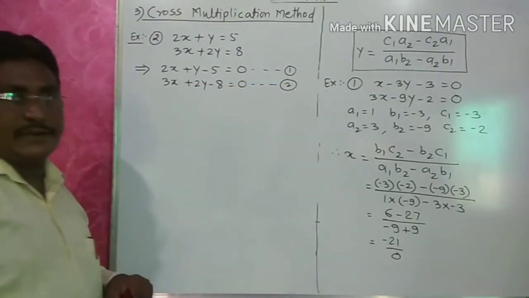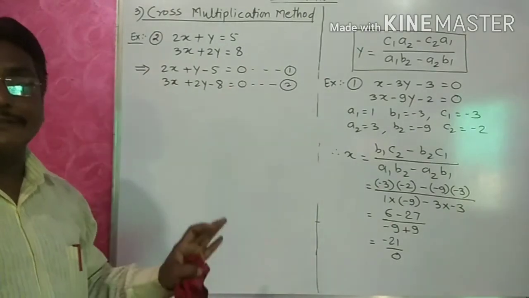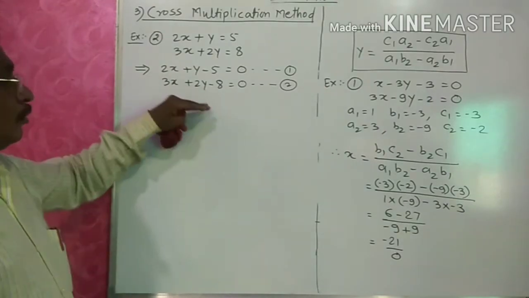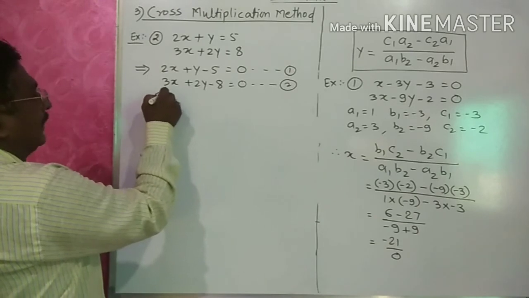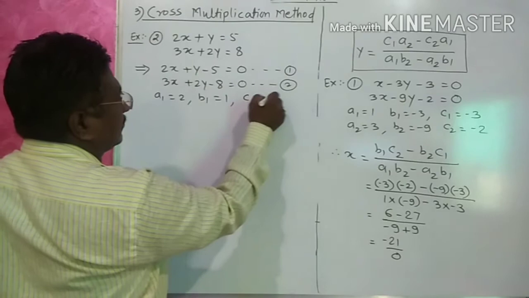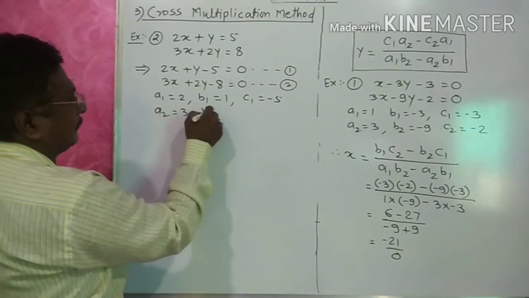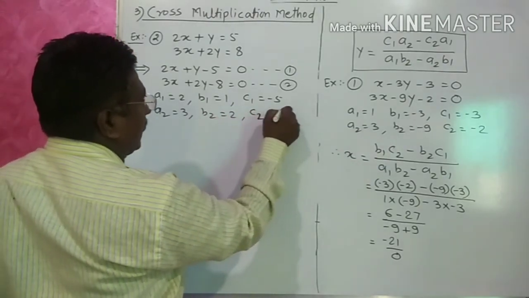So we wrote it in the standard form. Now first decide whether the lines are intersecting, parallel or coincident. So A1 is 2, B1 is 1, C1 is minus 5. A2 is 3, B2 is 2, C2 is minus 8.